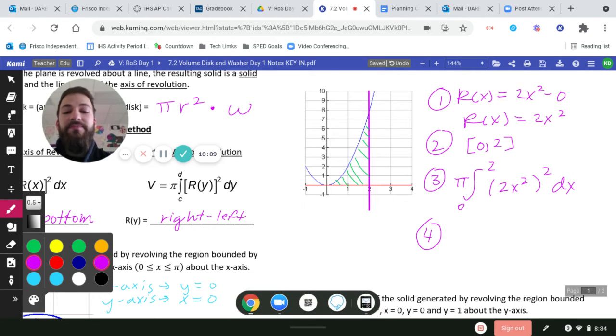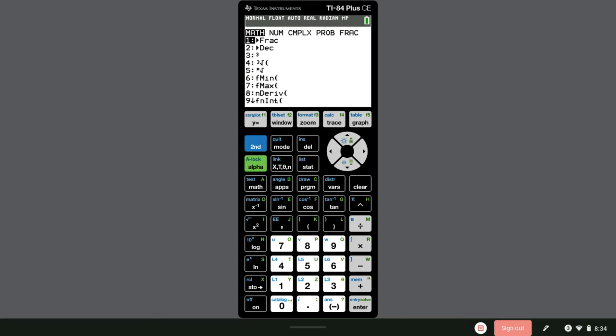So using our calculator, math 9. Oop, don't forget to put pi in the front. There we go. 0 to 2. Parentheses 2x squared.